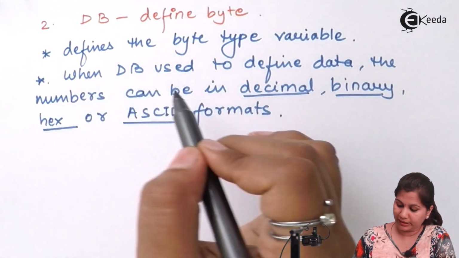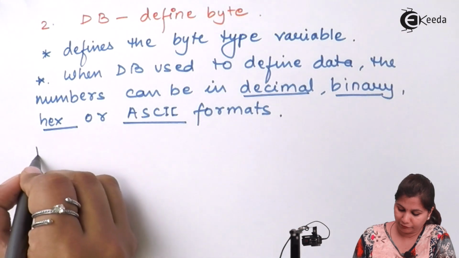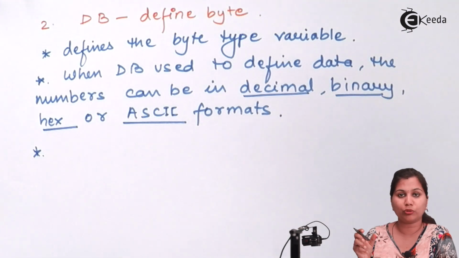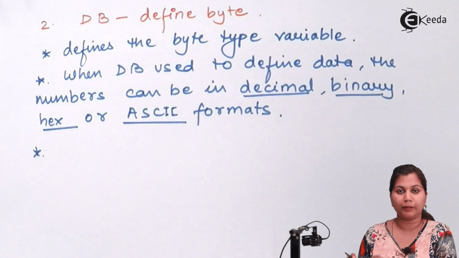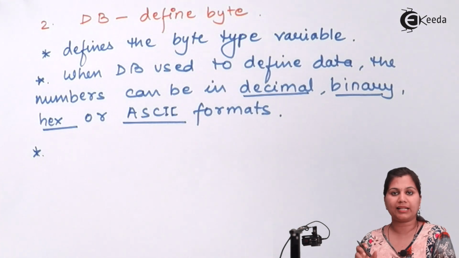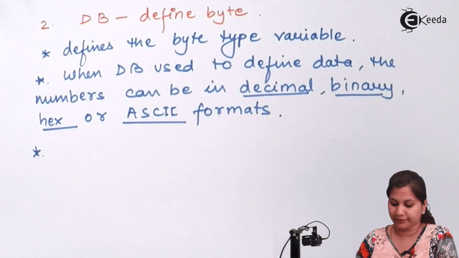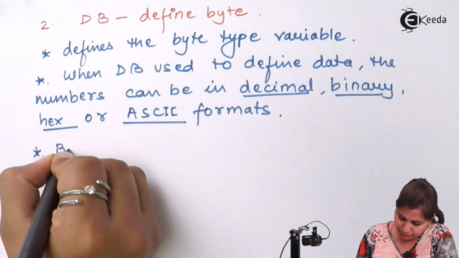When the number is in binary format, we have to write B after the number. Writing B means that the number is in binary.